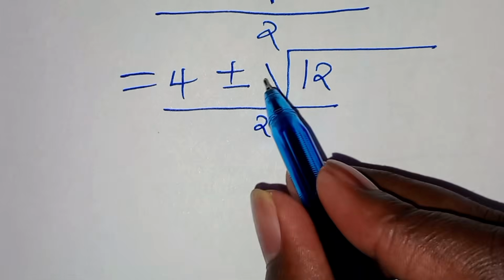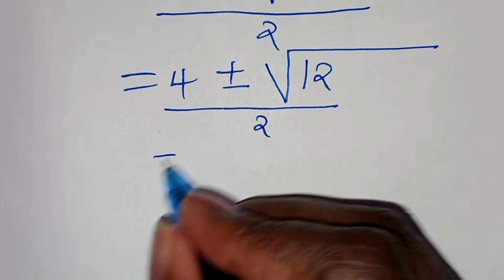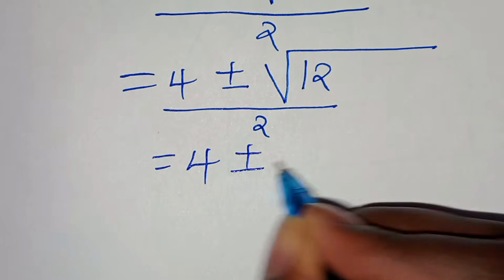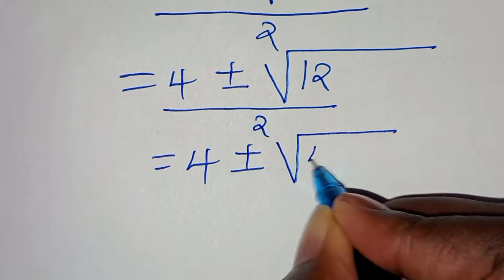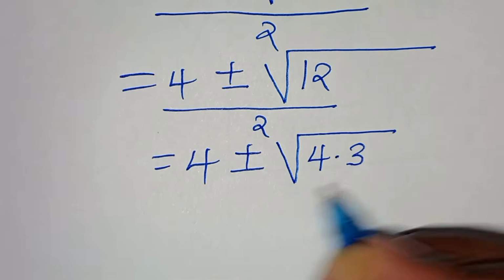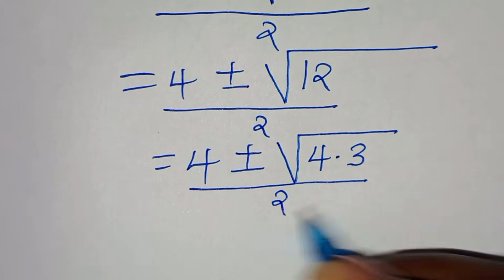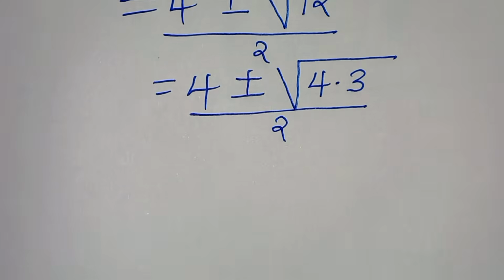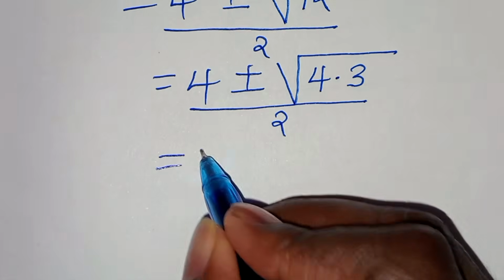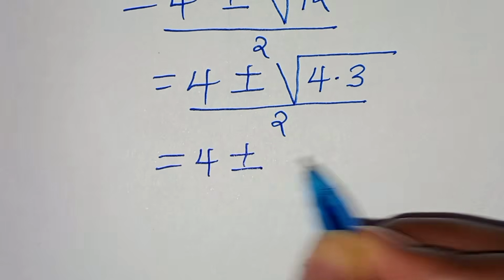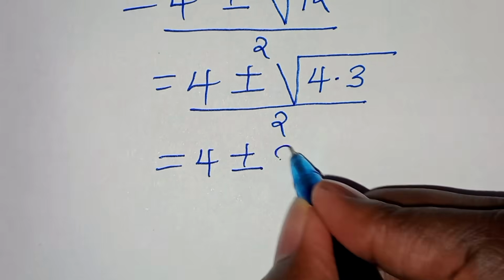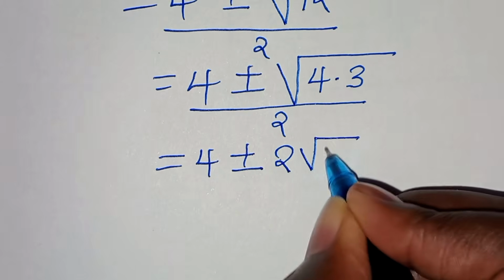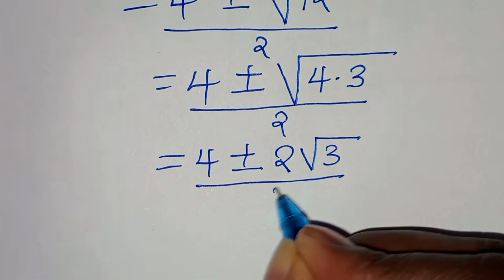Now we can express the square root of 12 as the square root of 4 multiplied by 3, everything divided by 2. So that now we have 4 plus or minus the square root of 4, this is 2, then square root of 3, everything divided by 2.